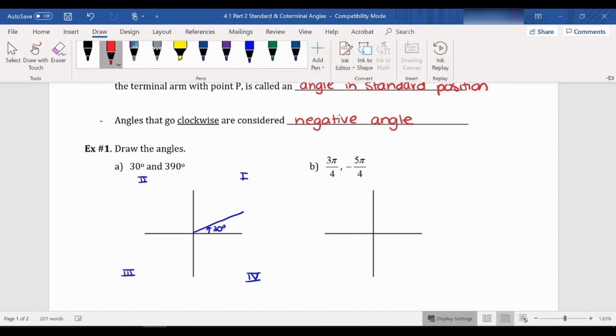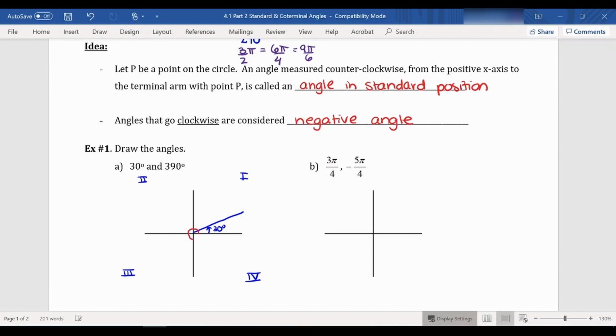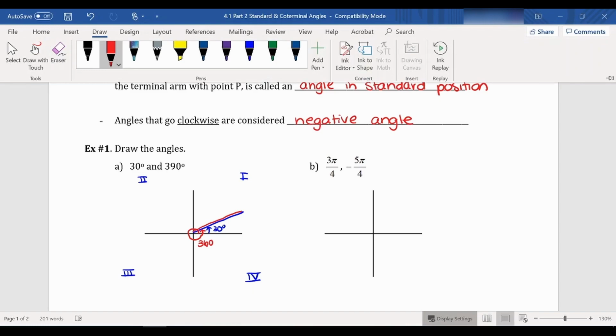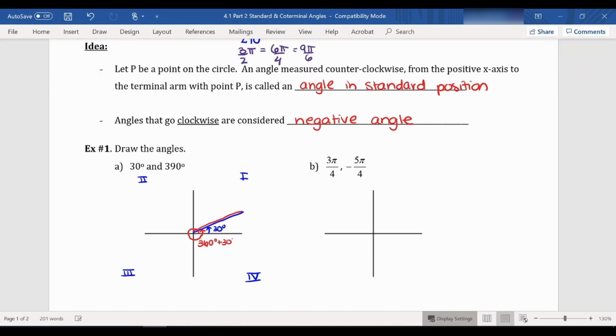390 degrees, we start in the same spot. We would have to complete an entire circle, which is 360, and then an additional 30 degrees, which means we're actually going to end up in the same spot as our 30 degrees.